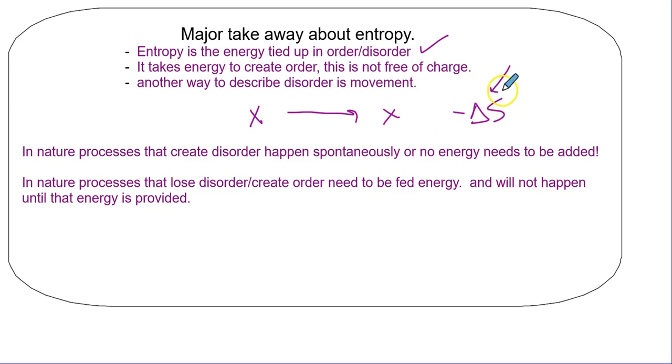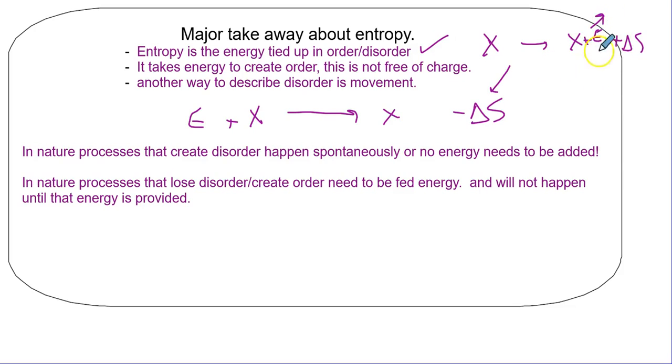This is not free, so you would need to add energy in order to do that. Just the opposite, however, if you go from X to X and you have a positive delta S, this is going to gain disorder or lose order. That's free. That doesn't cost anything. That would give away energy in the process.